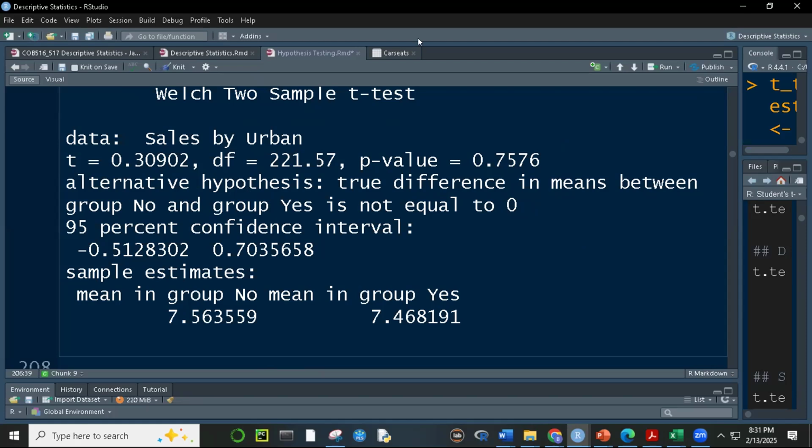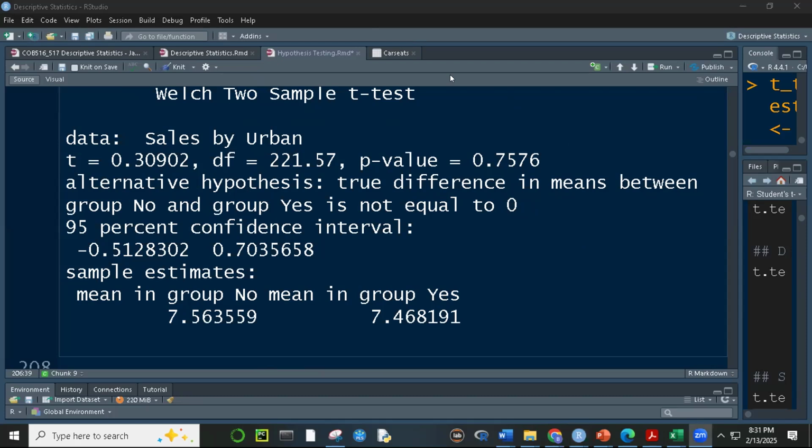If the null hypothesis is saying that the means are the same, so the average sales of urban is equal to the average sales of rural. They're the same.